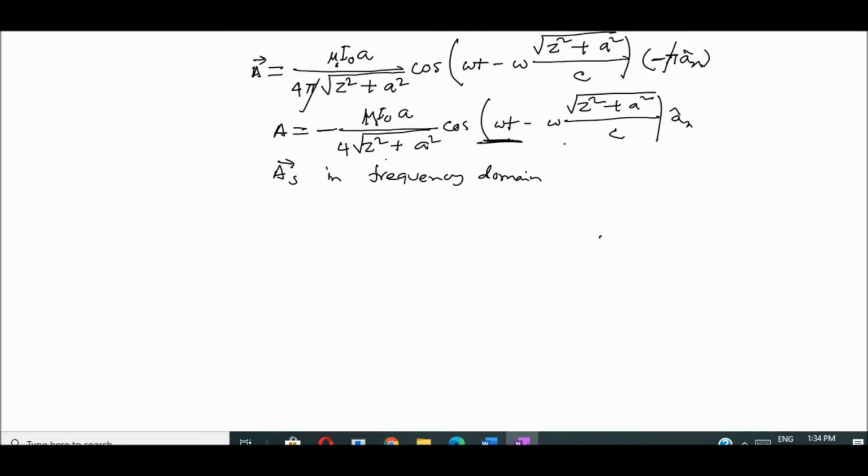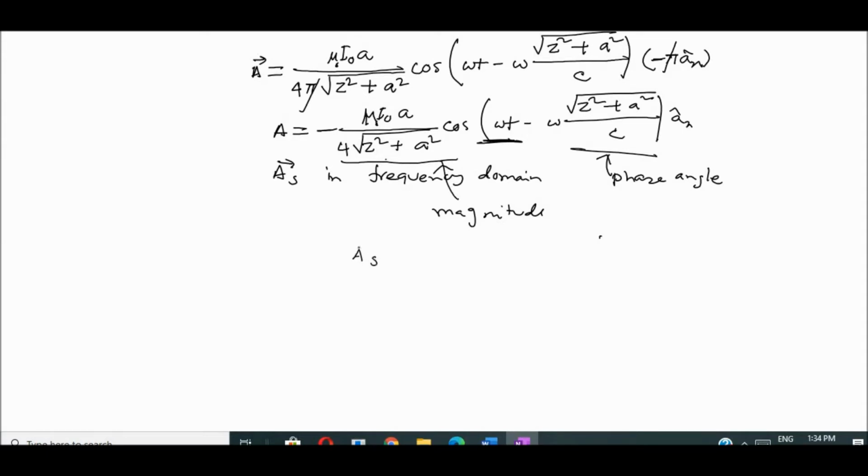This is the phase angle, and here this is the magnitude. So in the frequency domain, we need the magnitude and the phase angle.